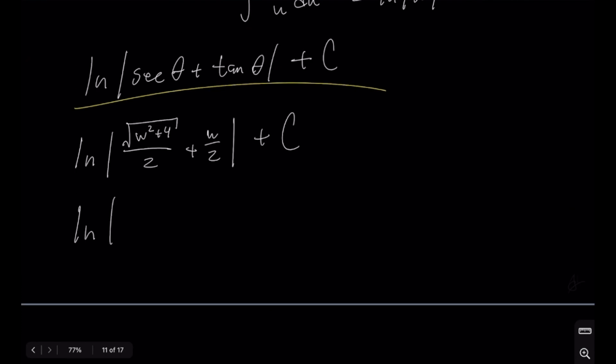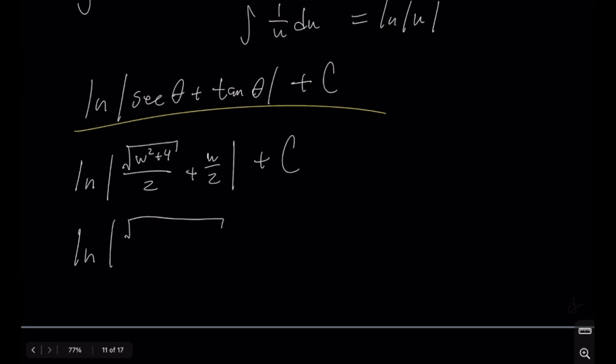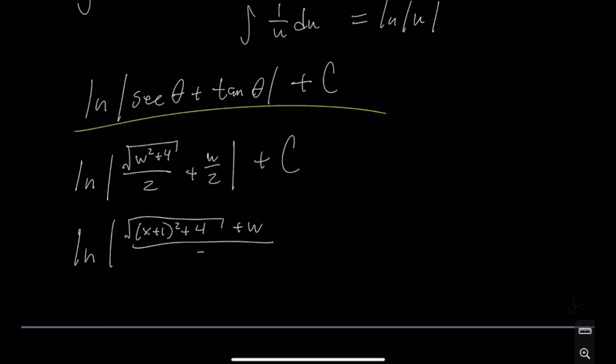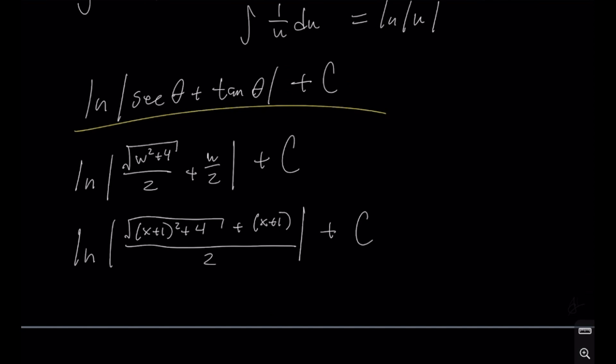So we have this big square root of (x plus 1) squared plus 4, over 2, plus, oh no, not plus w, plus x plus 1, all divided by 2. And the absolute value, and then we do the plus c. Okay, and I think that's the answer. Yep, that should be right.